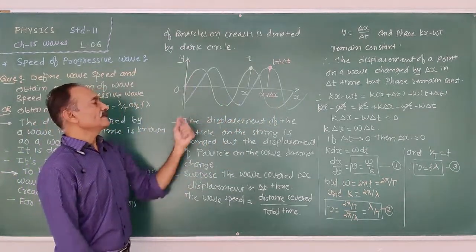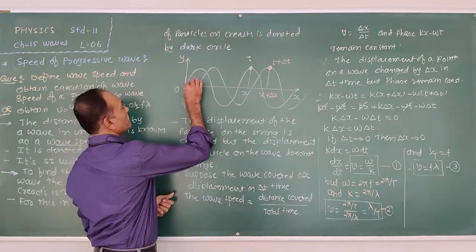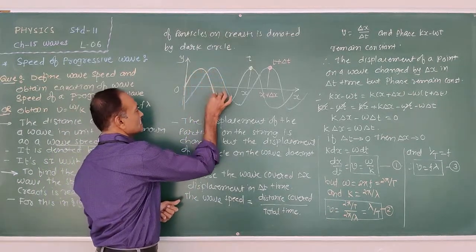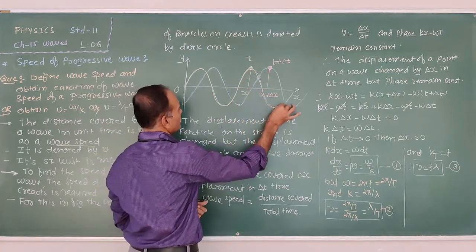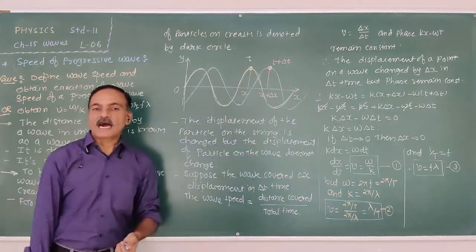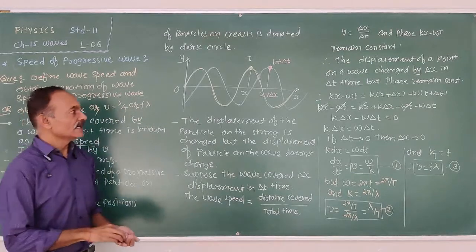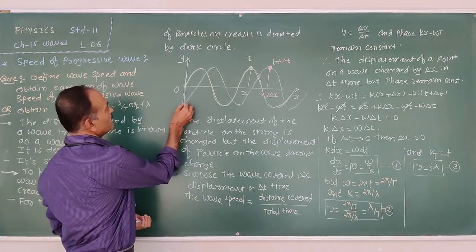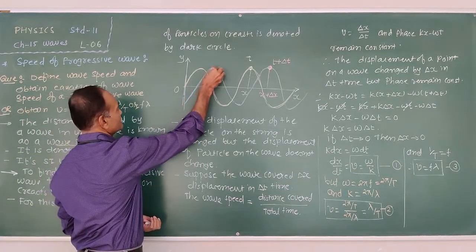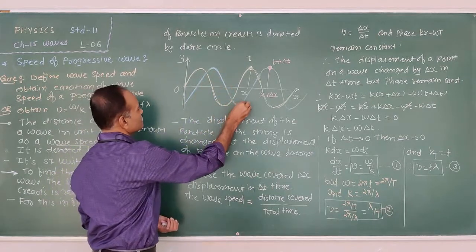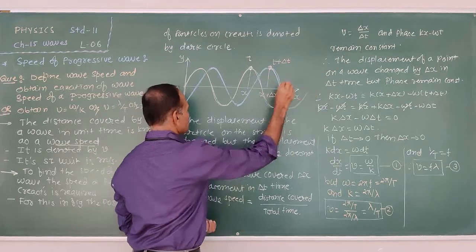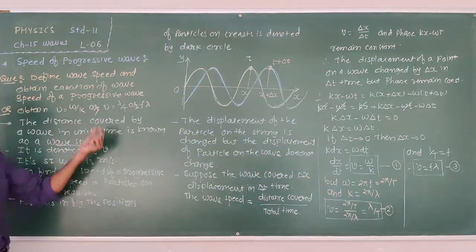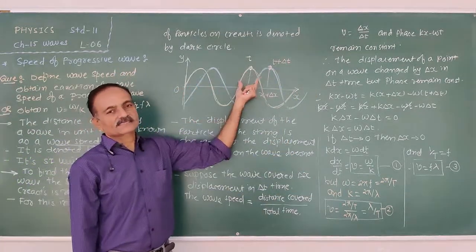So at time t, the wave is represented by this. It means the disturbance is propagating in the string medium this way. After delta t time, the position of the wave in the medium is like this. Here the dark circle represents the position of the particle on the crest.